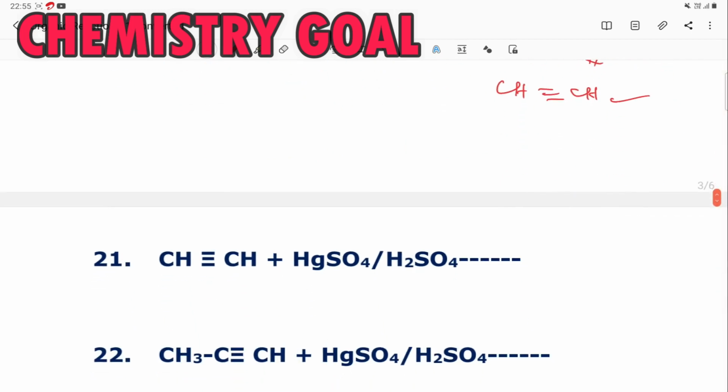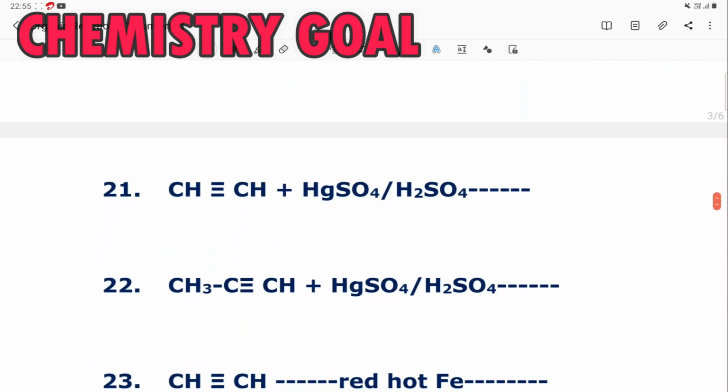Then 21 is called an addition reaction. Here we can say HOH is added. This reaction takes place in the presence of sulfuric acid and mercury sulfate. Here the mercury ion acts as an electrophile.